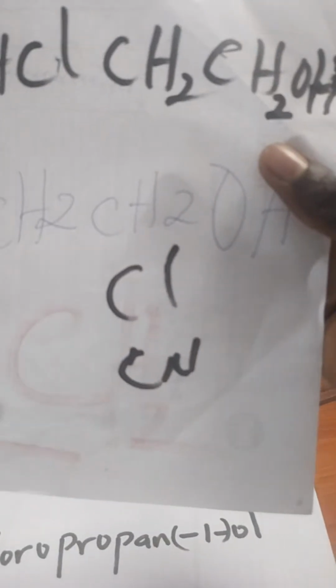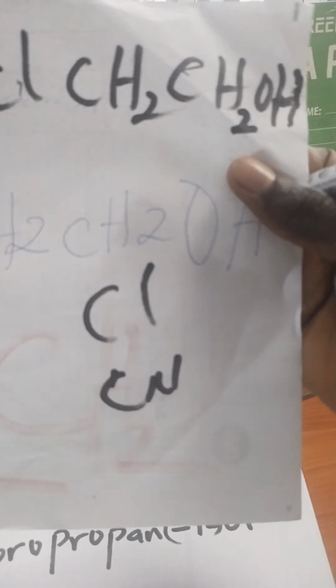Another question may come: what if you were having Cl and a cyano compound? That is very sensitive. What I mean by that is, you were having a Cl and a CN attached to a compound. Which of them will come first?